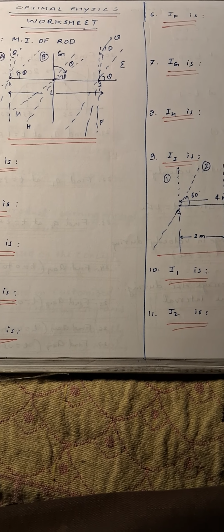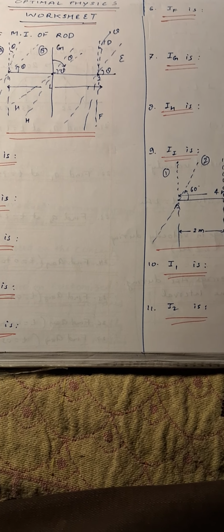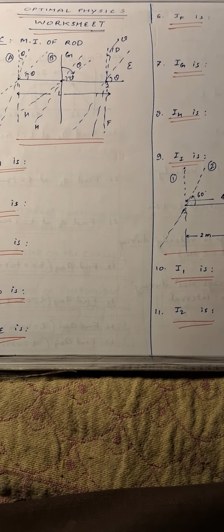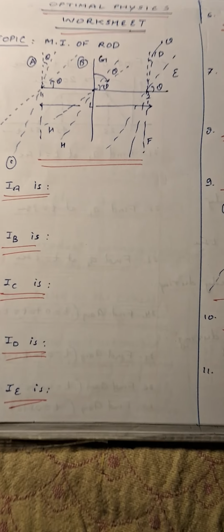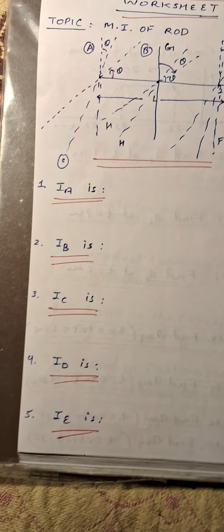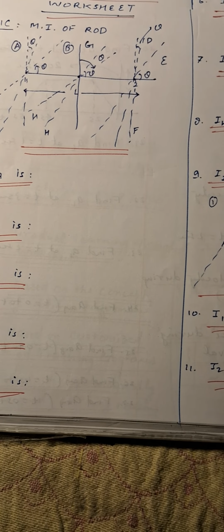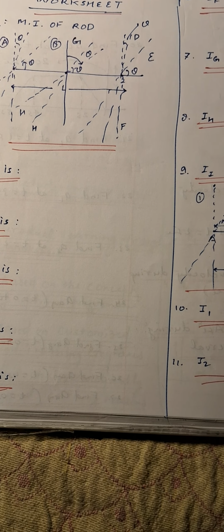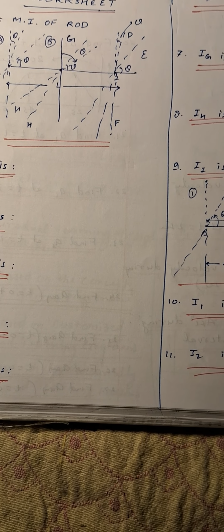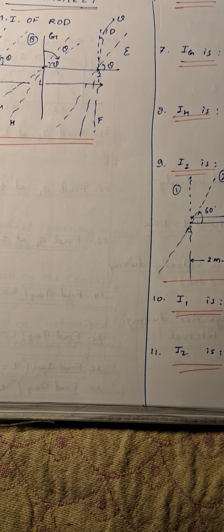Analysis, problem solving skills, these are the central concepts which are being developed using worksheets. So you just use the worksheets, and if you have any doubt you can ask in the comment section. Worksheets are basically part of optimal physics, which is designed with the vision of optimal performance in JEE and NEET.